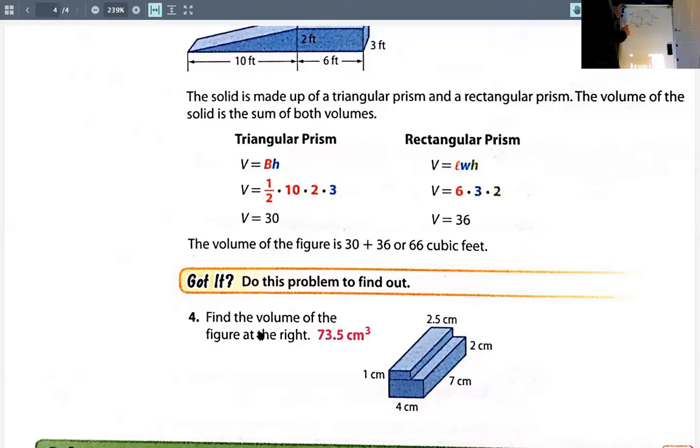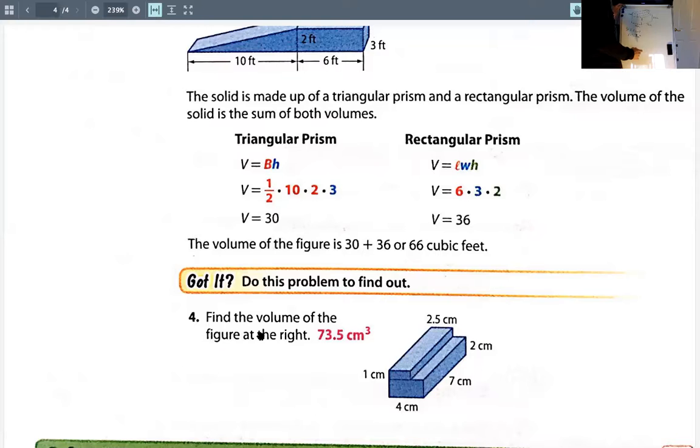All right, so here we go. Base area of the little one is going to be 2.5. The height is going to be 7. So the volume is going to be 17.5 cubic centimeters.